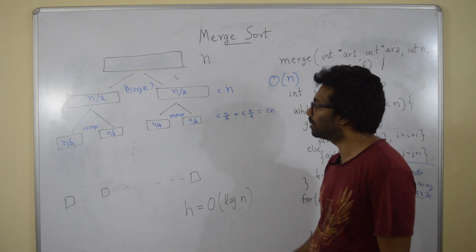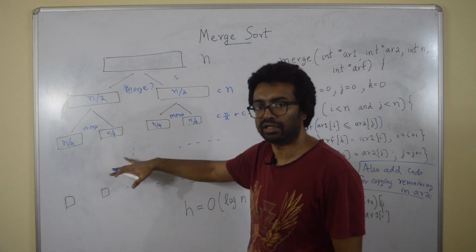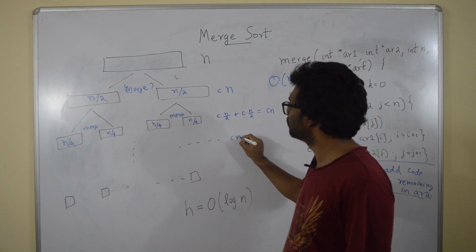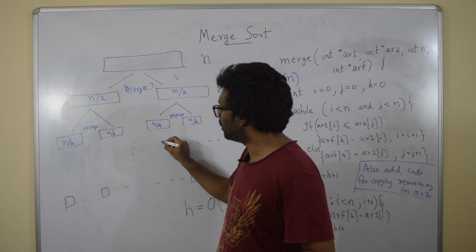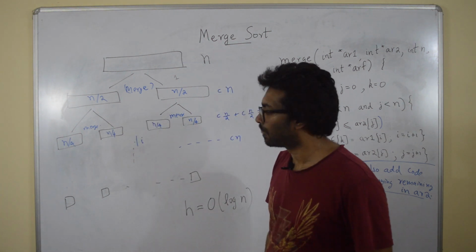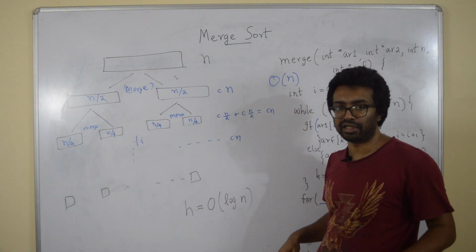Now I'm going to claim that at every position here, the computation time spent is Cn. This is something you should go and check at a height i. Let's say this is height i. How many nodes are there? These are all given by our tree, right?